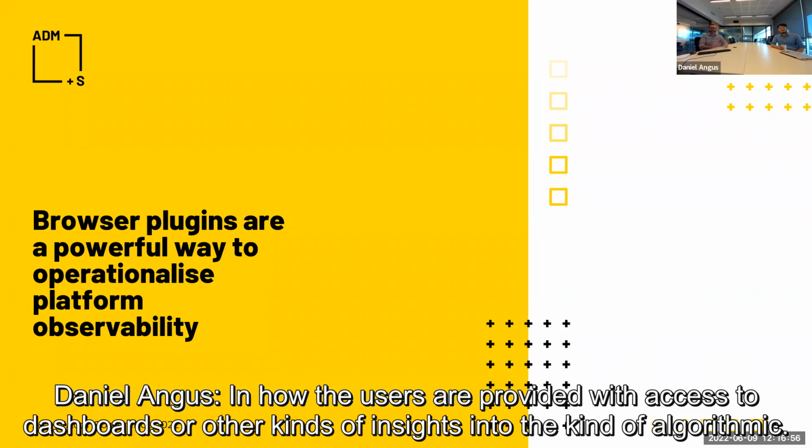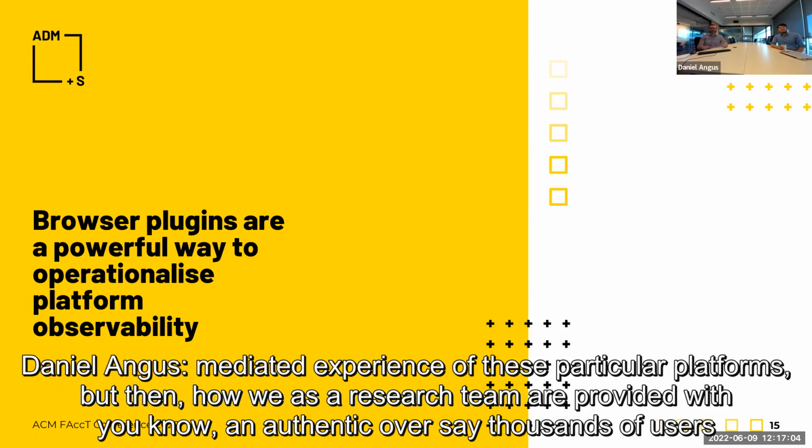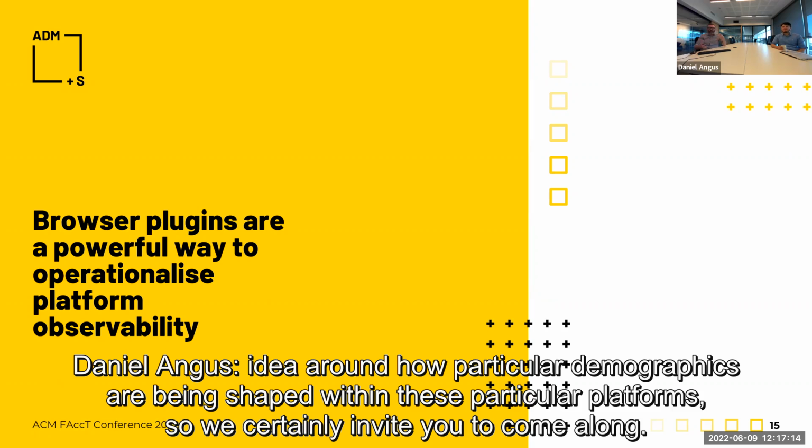Users are provided with access to dashboards or other kinds of insights into their algorithmically mediated experience of these platforms, while we as a research team are provided with an authentic idea, over say thousands of users, of how particular demographics are being shaped within these platforms.